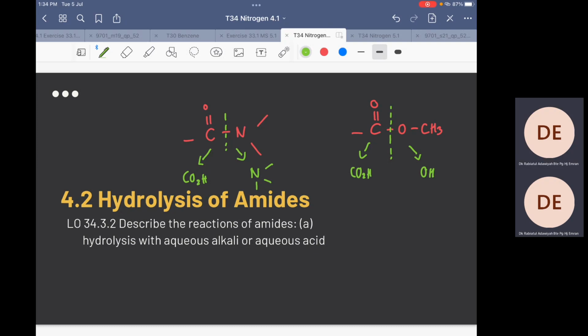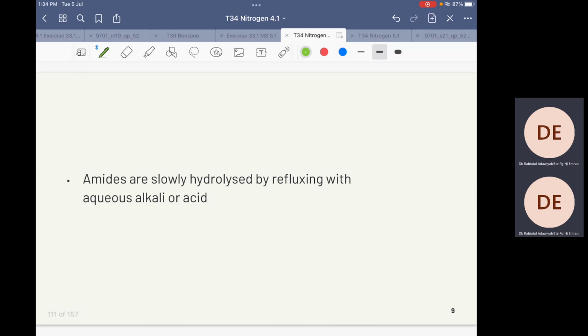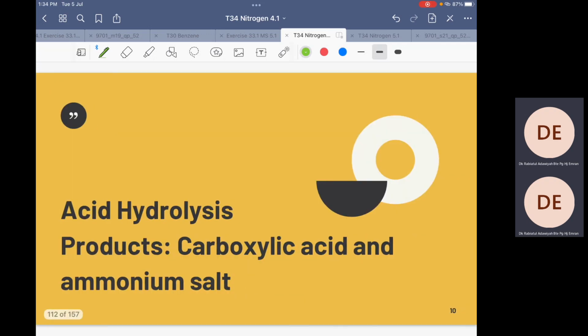That's the basic principle. Okay, so we're going to describe the reactions of amides via the hydrolysis with aqueous alkali or aqueous acid. Okay? Right, so amides are slowly hydrolyzed by refluxing with aqueous alkali or acid. First, we're going to look at acid hydrolysis.